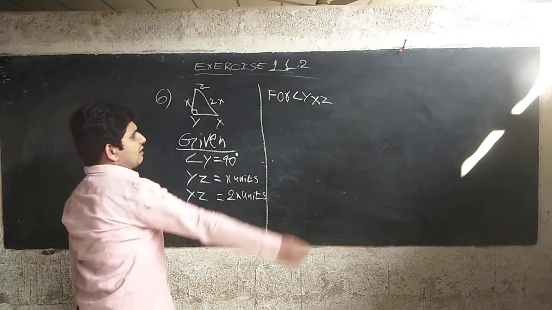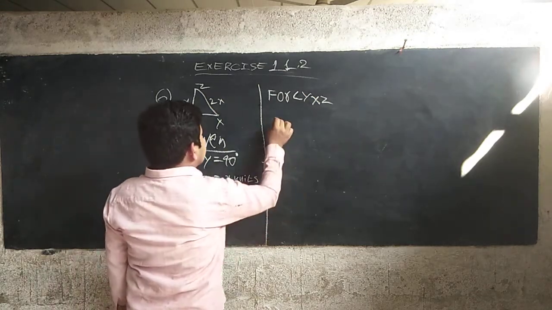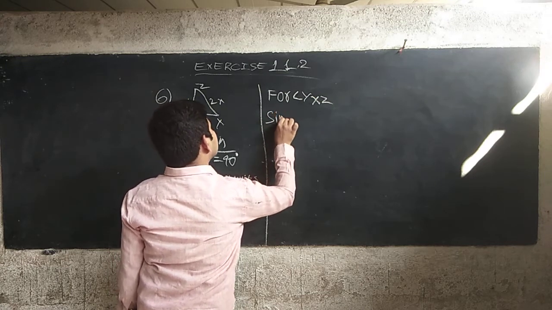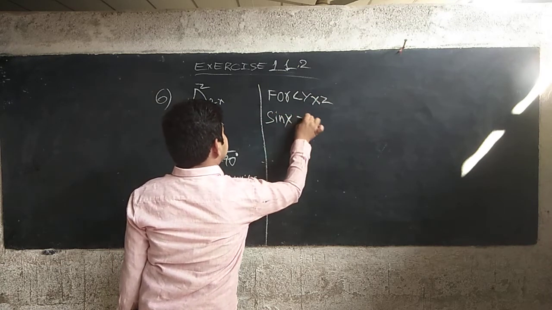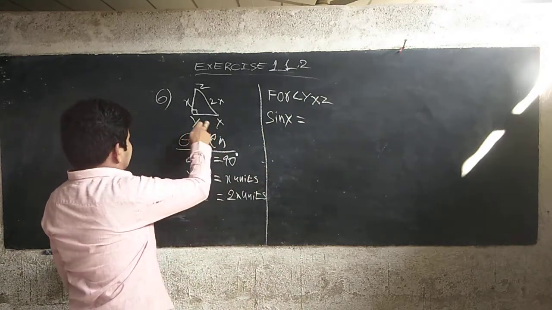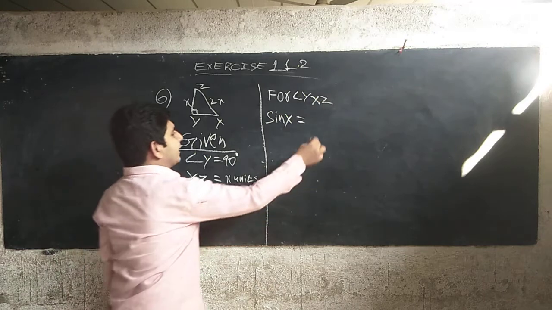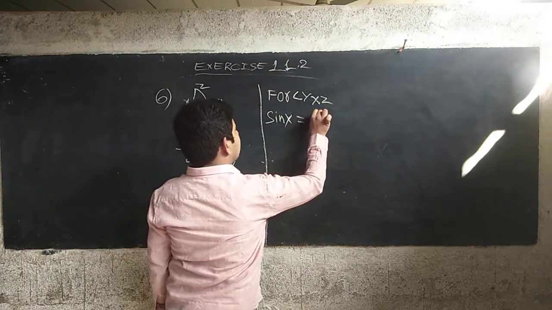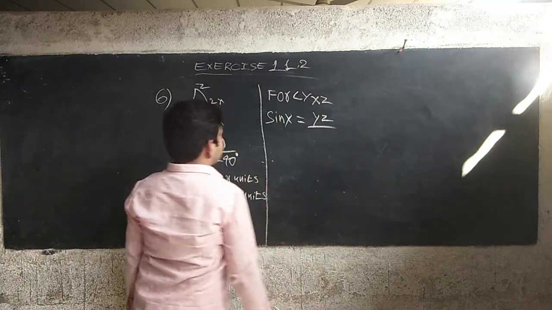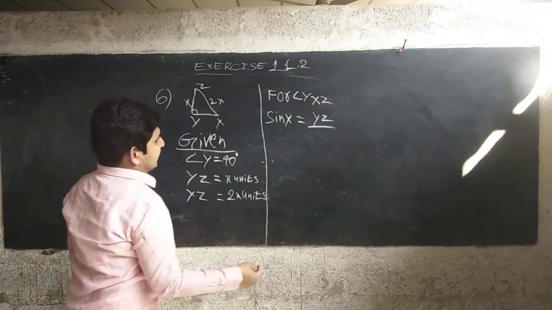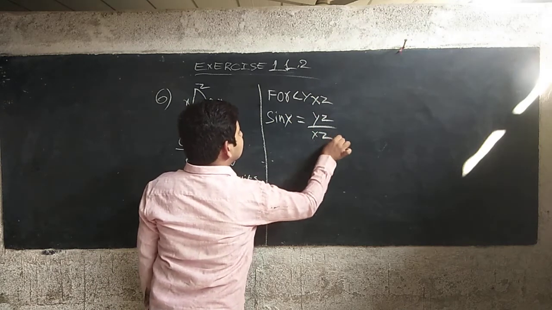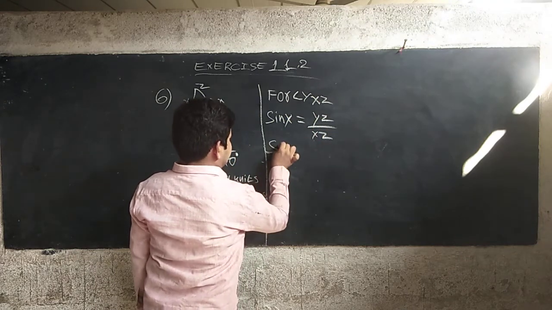So for angle x, sin x equals opposite side over hypotenuse. What is the opposite side of angle x? yz. yz by what is the hypotenuse? xz.